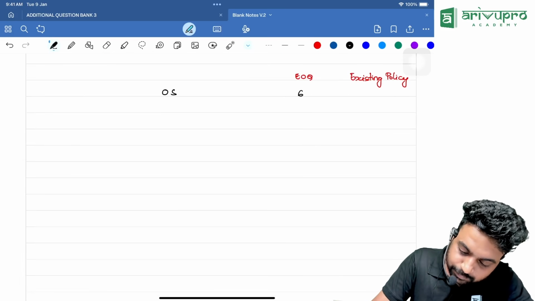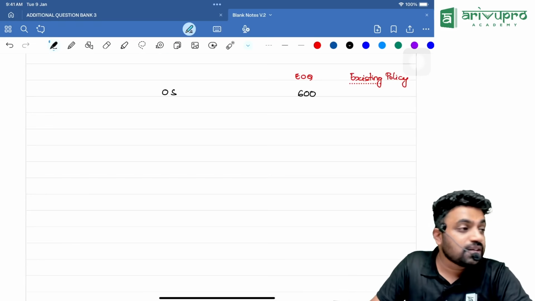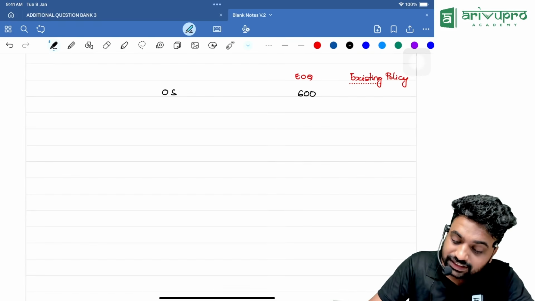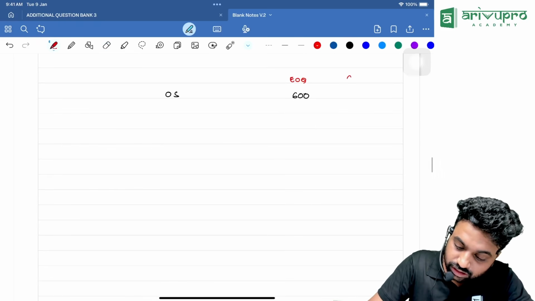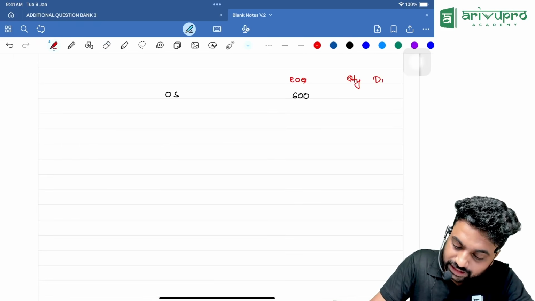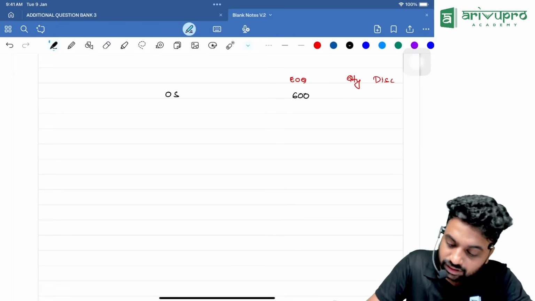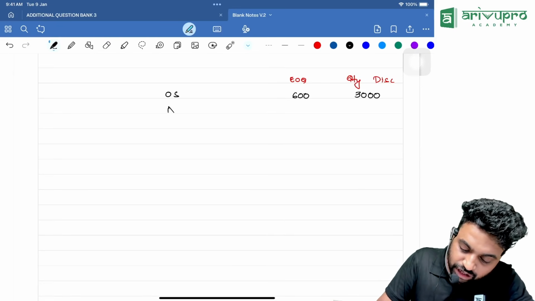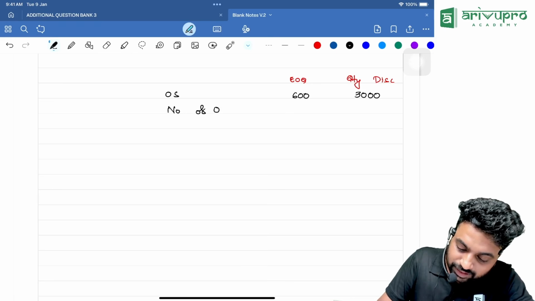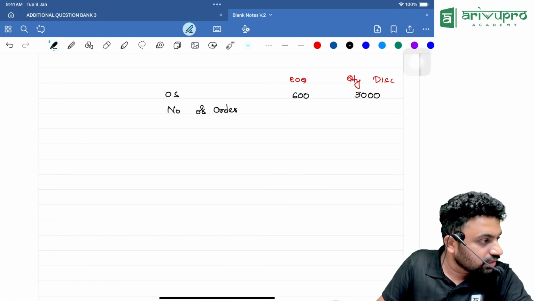Order size under EOQ we are getting how much, guys? 600 units. And existing policy, sorry, not existing policy, quantity discount. We don't have existing policy as such. Quantity discount, they are telling if we buy 3000 units, automatically number of orders. Basically, we have to buy 12,000 units, right?